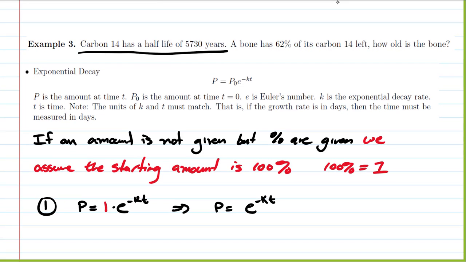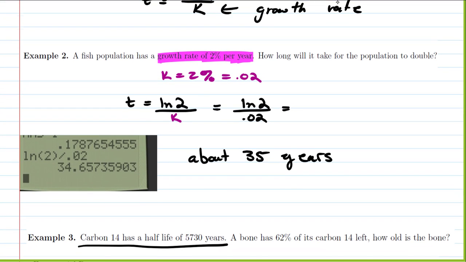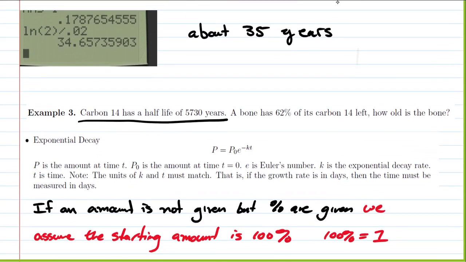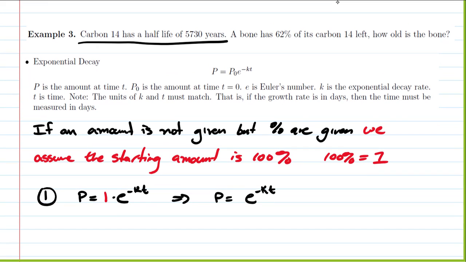Similar to what we just did with the growth rate, we were able to solve for the doubling time by knowing that what we wanted was the time when p equals 2 times p naught. Well, in this case, we're given a slightly different set of information. We're given the time when we're going to have exactly half as much as what we started with.